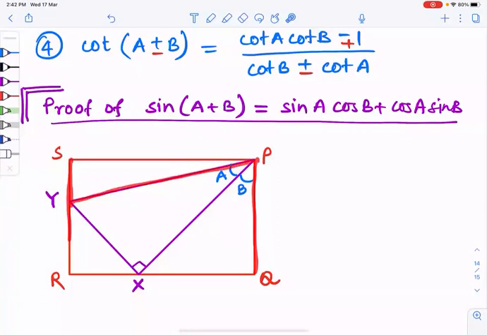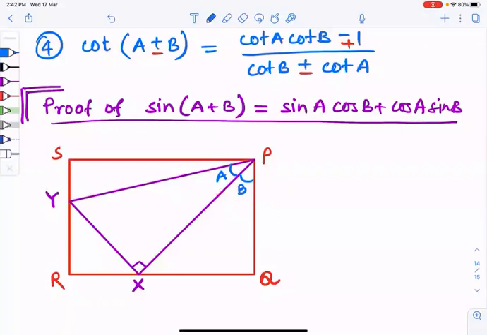So if there are two parallel lines and there is a transversal like this, we know that this angle equal to this angle. Right? They are equal. Therefore, this angle equal to this angle means this total angle is A plus B. So this angle is also A plus B.